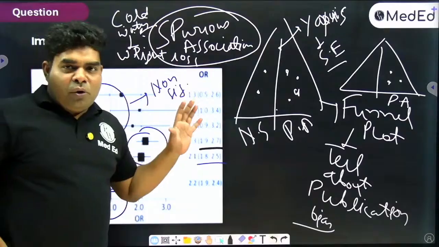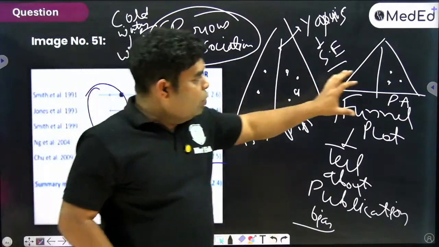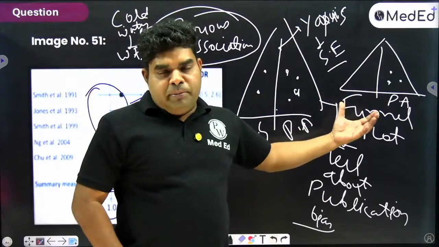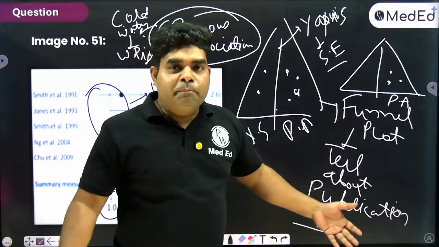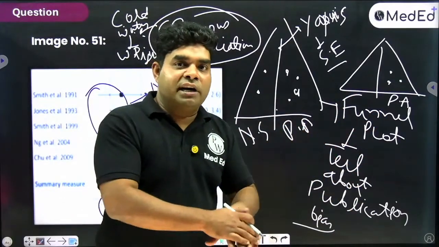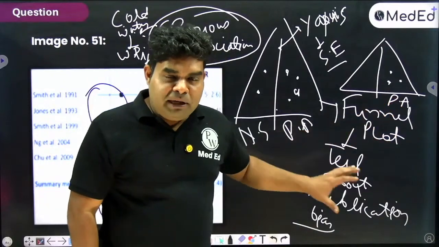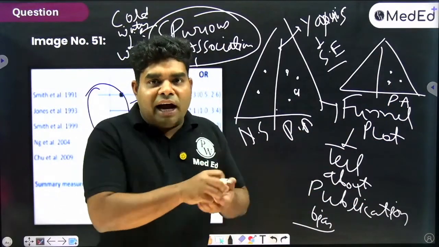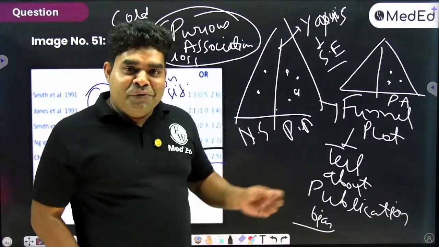So the point is, if you find only positive studies in the funnel plot, that is the problem with meta-analysis and systematic review, that journals only publish those studies with positive results. This is publication bias. Whatever you search, you will get positive results. Suppose you are searching whether eating grass will increase IQ or not. You will mostly only get positive results.